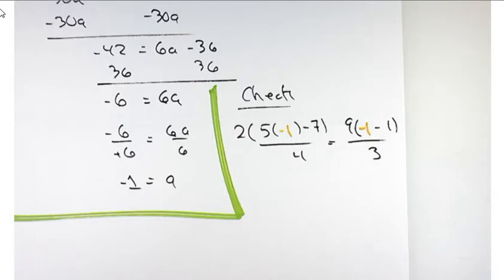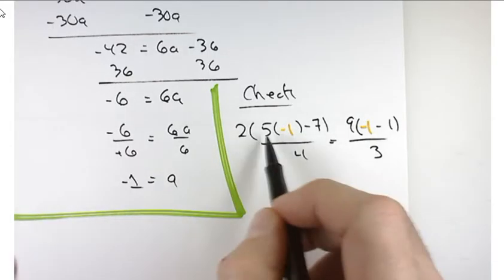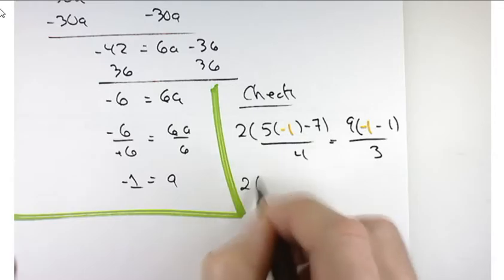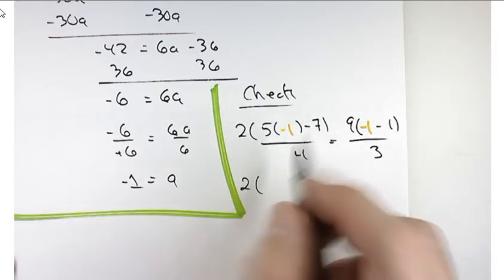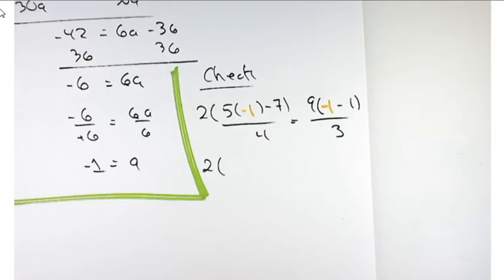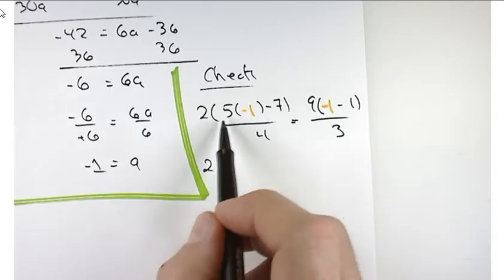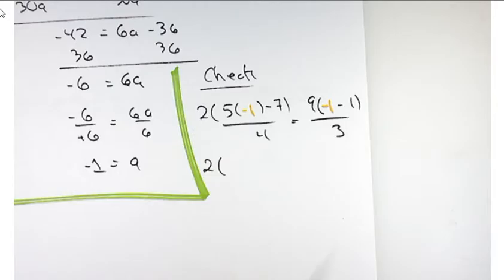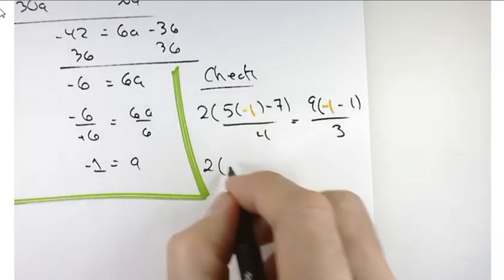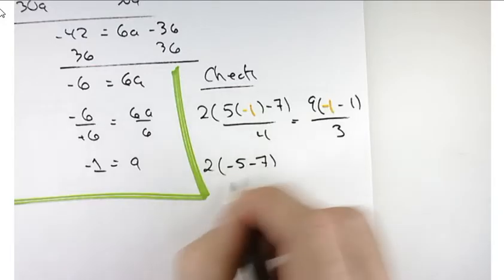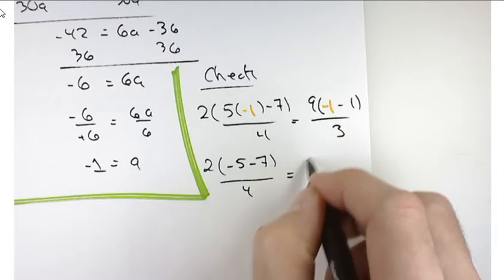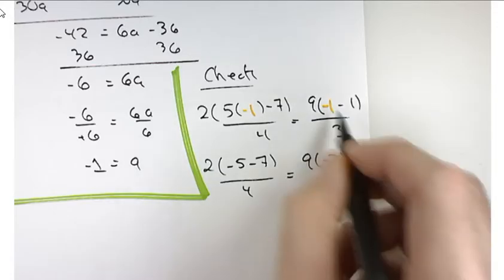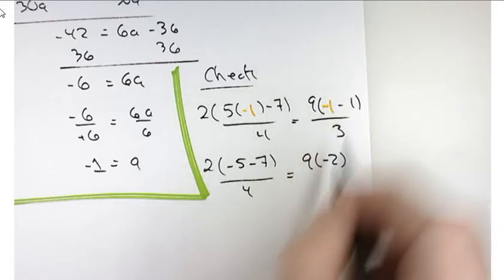On the left-hand side, to simplify this, what do I have to do in the parentheses first? This is your order of operations stuff. Yeah, I hope that's like second nature, right? Parentheses, exponents, multiplication, division. So 5 times negative 1 is negative 5 minus 7 over 4. Over here I get 9 times negative 1 minus 1 is negative 2.